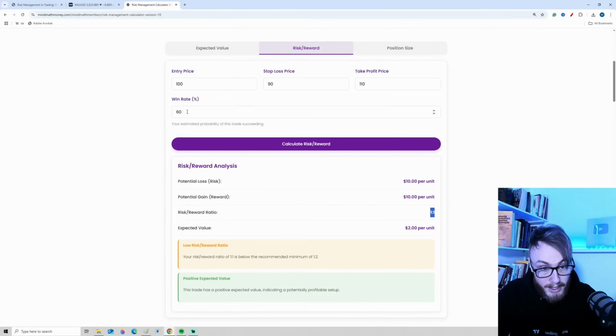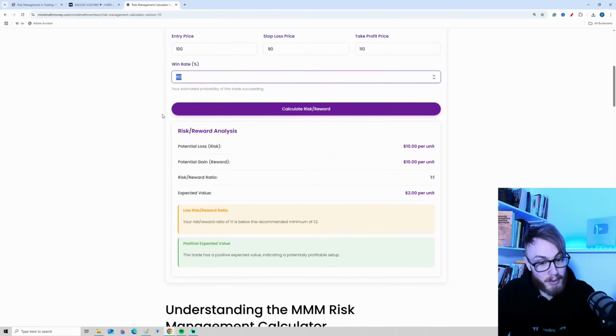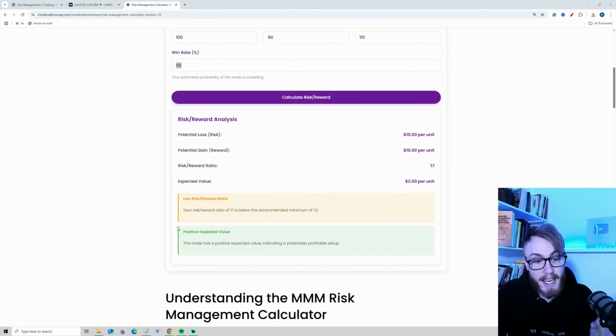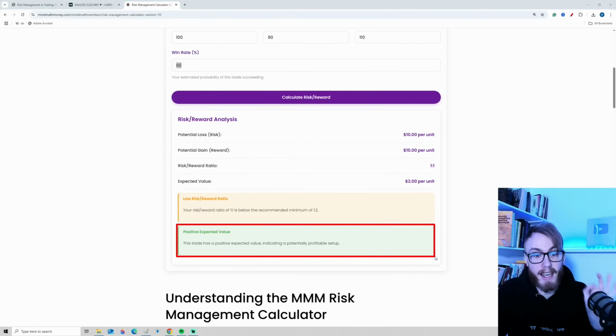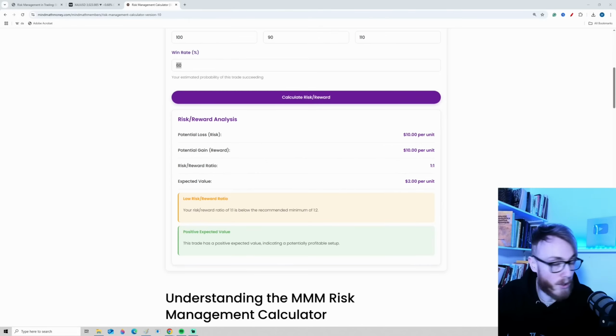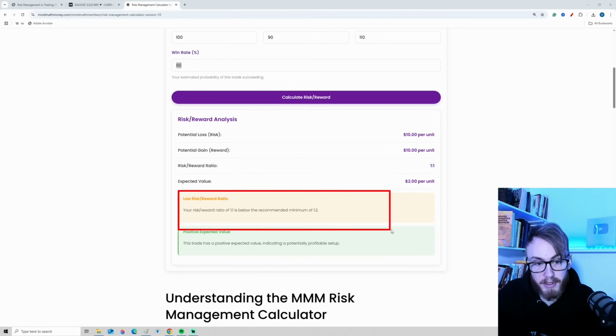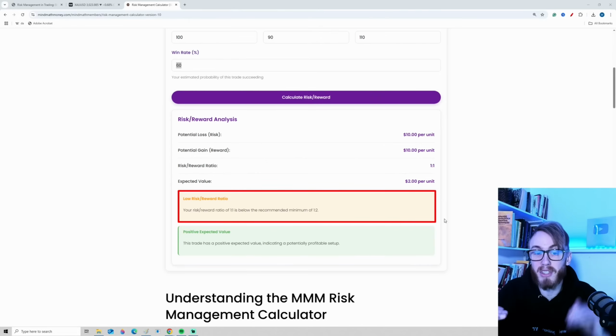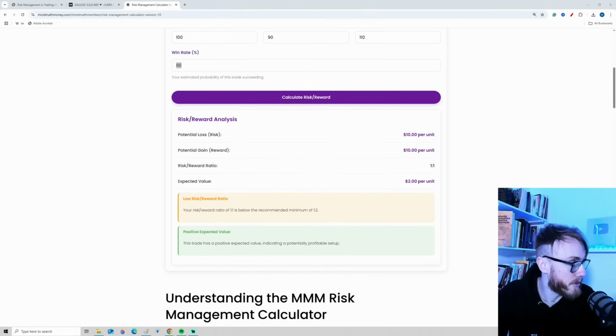But very importantly, because we have a 60% win rate, you can see that we have a positive expected value, and this is something we will talk about later on. You also get this notification that the risk to reward ratio is low, and it's recommended to have a minimum of 1 to 2 risk to reward.